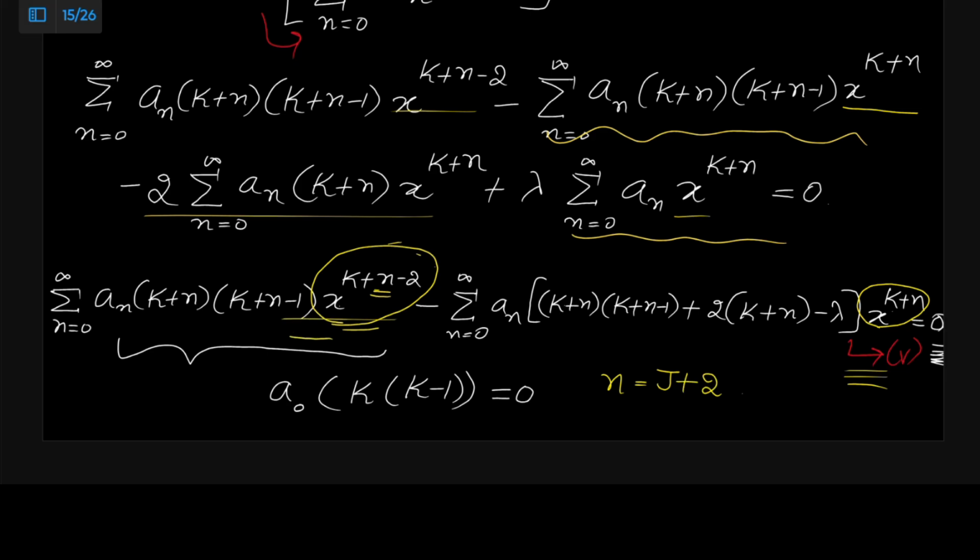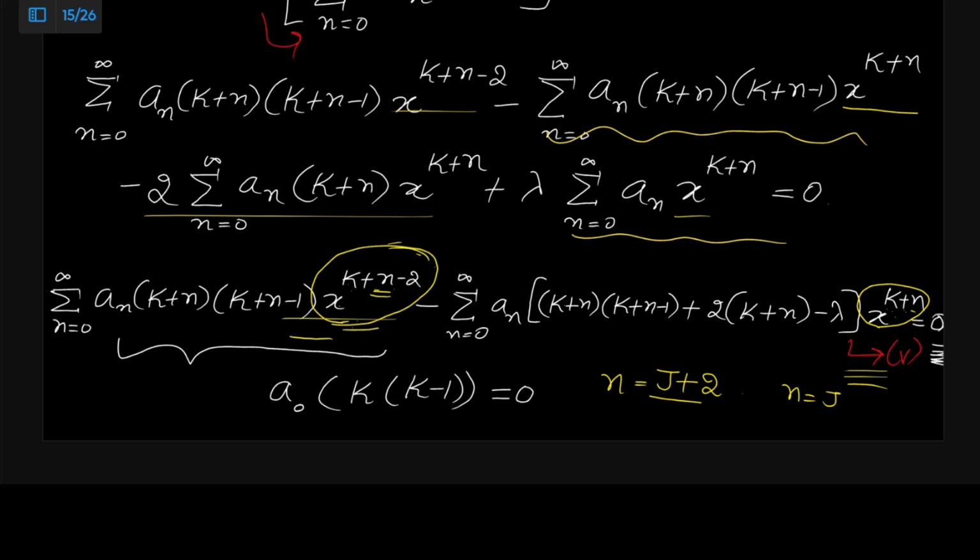Now if I'm taking j plus 2 in the first summation, I'll get the power as k plus j. In the second summation, I'll make an adjustment of choosing the n value as j. If I take n value as j, this will become k plus j. If I take n value as j plus 2, I'll get the first term with a power k plus j.